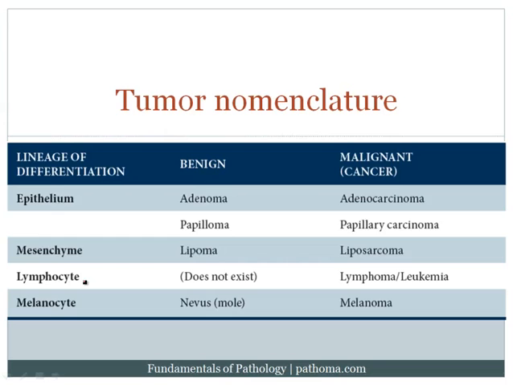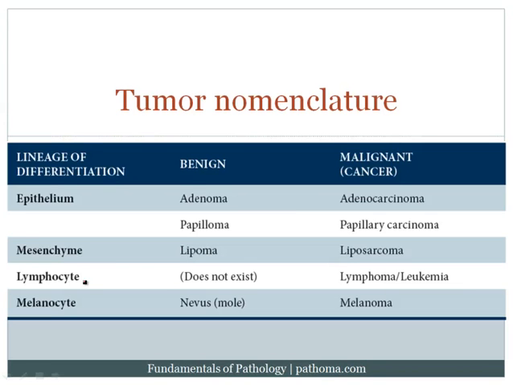So they line the skin, they line the gut, they line the esophagus, they line the urogenital tract. All right, those are epithelial cells. You've got mesenchyme. What is mesenchyme? Mesenchyme is a connective tissue in the body. So the mesenchyme includes fat, blood vessels, bone, cartilage. Okay, it's your soft tissue basically. Your soft tissue, your bone, your cartilage. That's mesenchyme. There are lymphocytes in the body, and then there are melanocytes in the body.